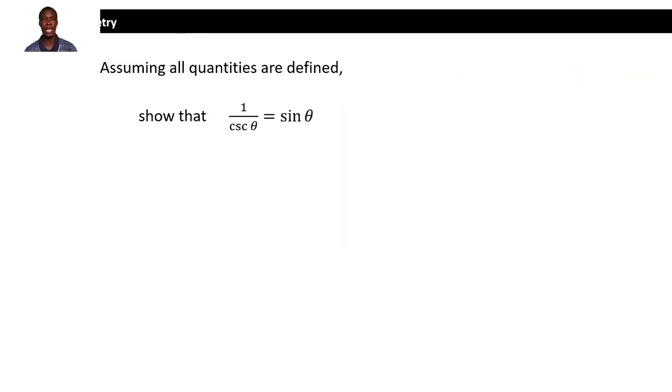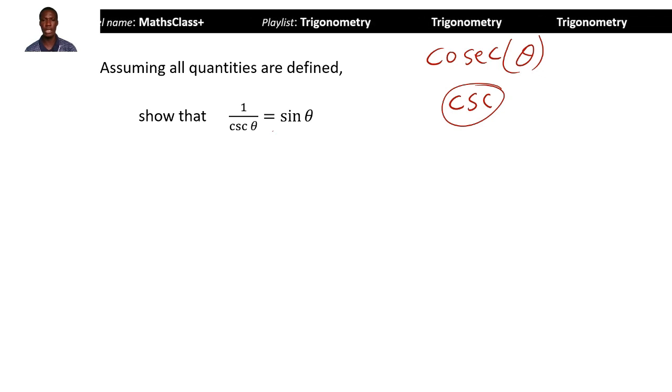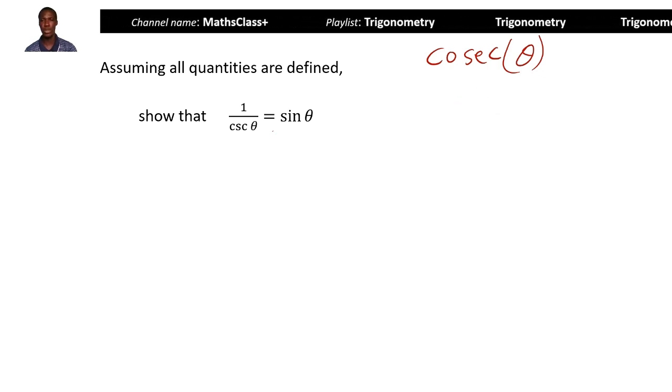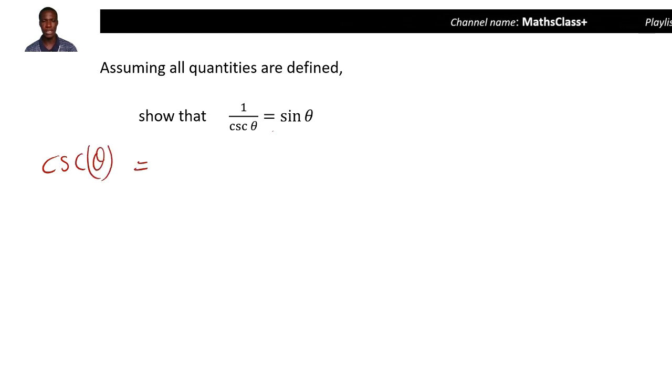Assuming all quantities are defined, show that 1 over cosec theta is equal to sine theta. Now, before I solve, I want you to note that from the beginning we used cosec theta, but we can equally use CSC for cosec. So if you see CSC, it also means cosec. Okay. Now, cosec theta is the inverse of sine theta.